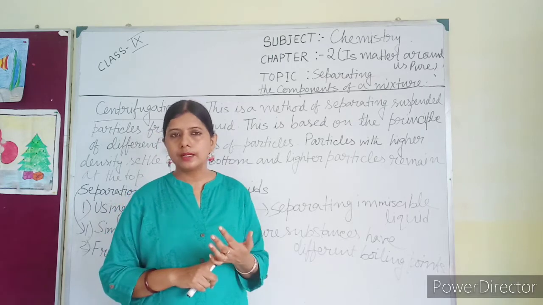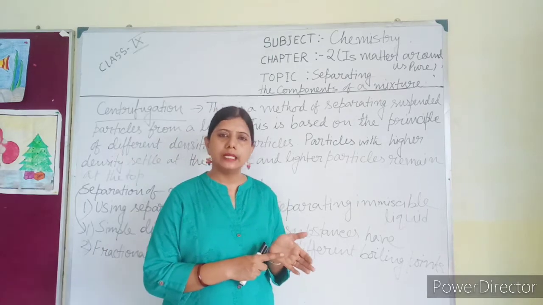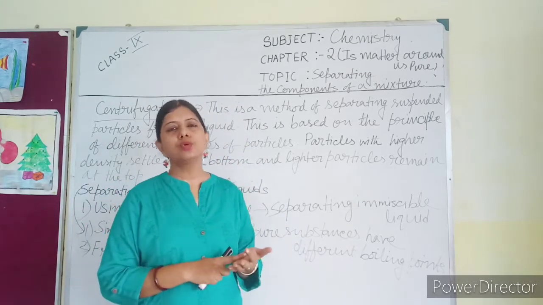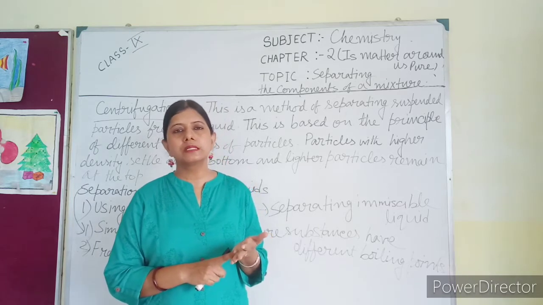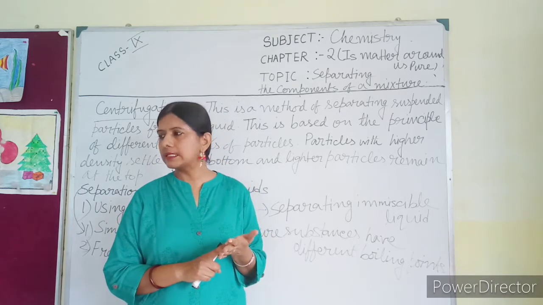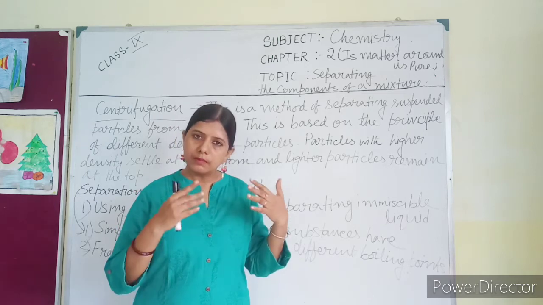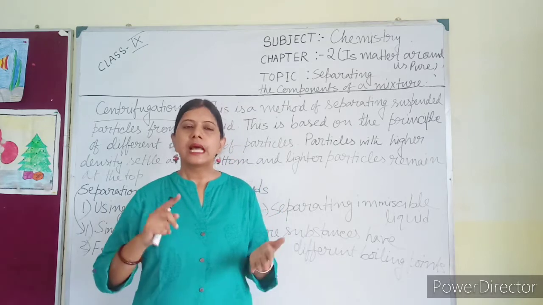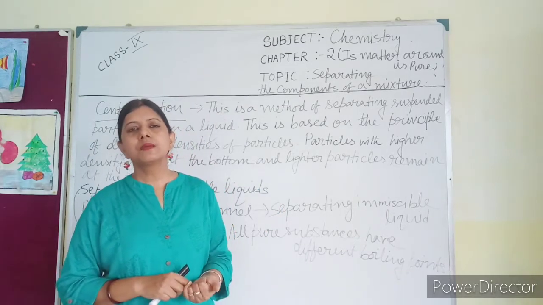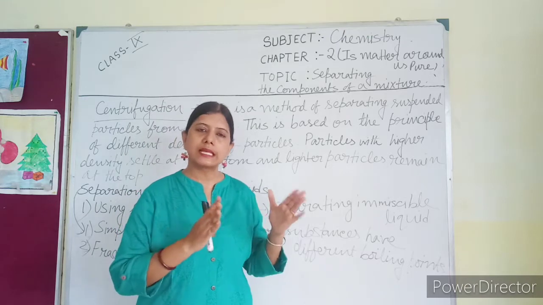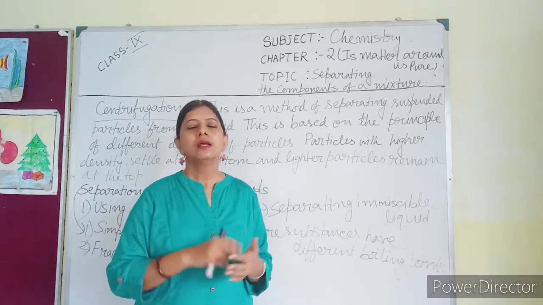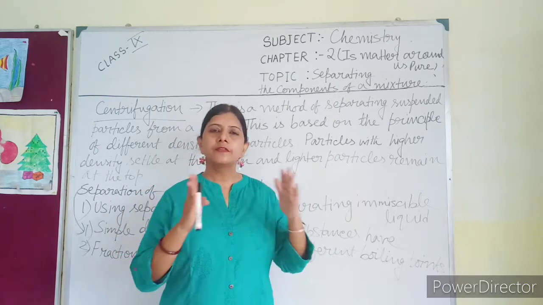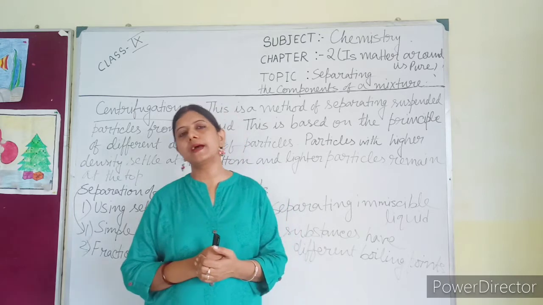So what you have learned: simple distillation is a process of evaporation followed by condensation. Second, it is based on the principle that every pure substance has a different boiling point. All pure substances have separate boiling points. And third, the simple distillation process can be used where the two substances present in the mixture have boiling points differing by more than 25 degrees Celsius.